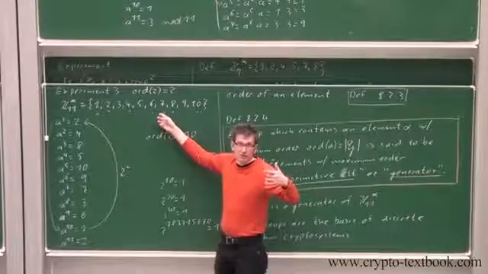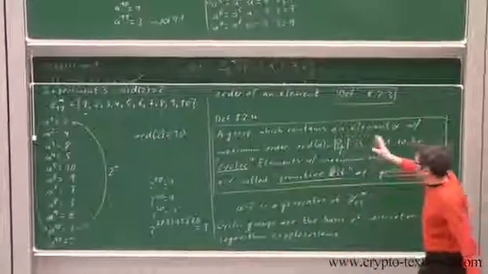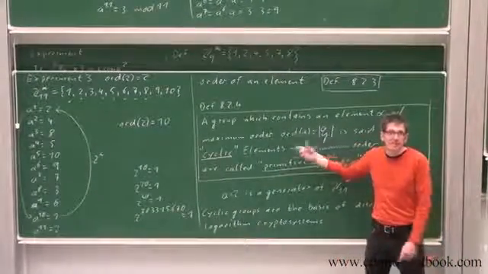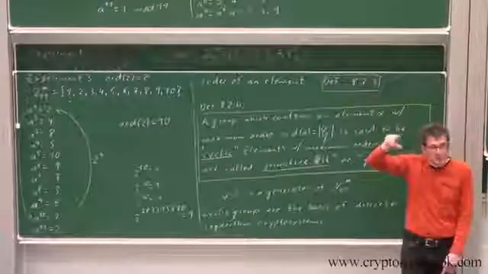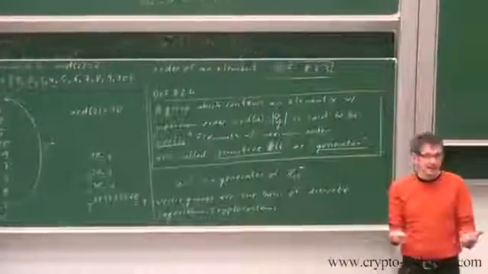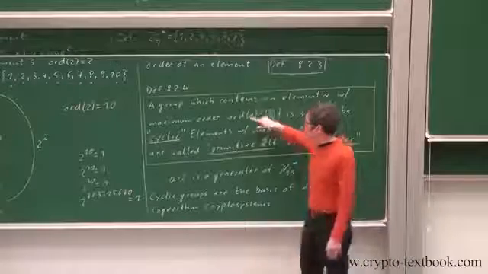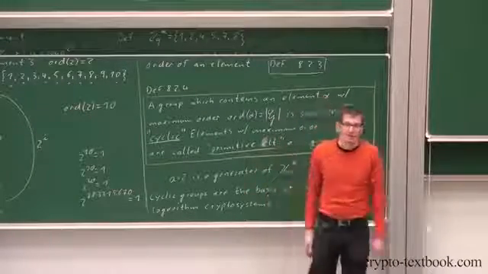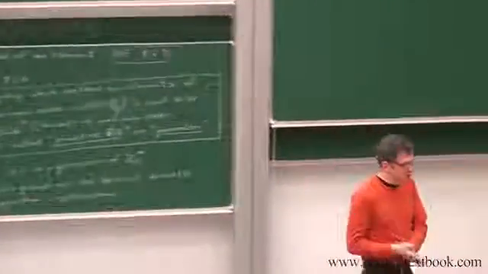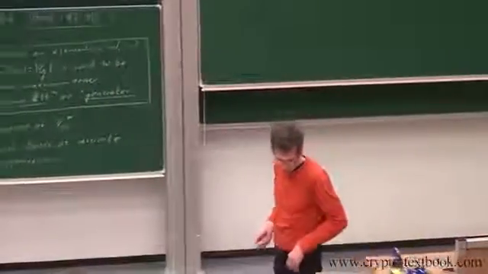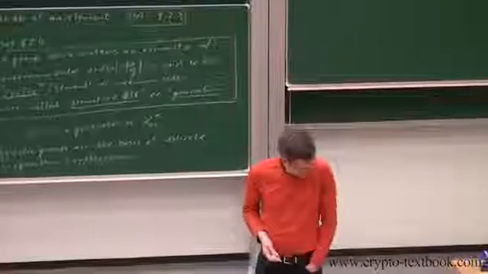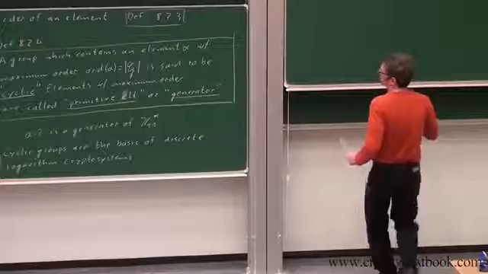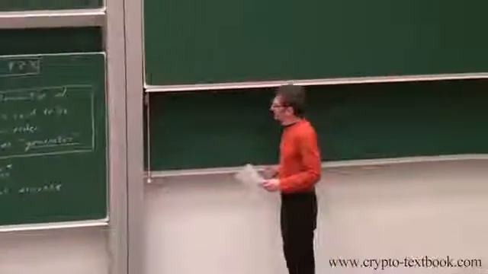Meaning, how is a cyclic group defined? A cyclic group is defined via this primitive element, meaning for every Zp star, there must be at least one element, one number, which is this primitive element. It turns out many, many elements are primitive. And now what we're going to do is talk a little bit about important properties of cyclic groups.